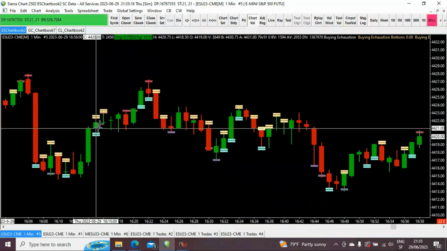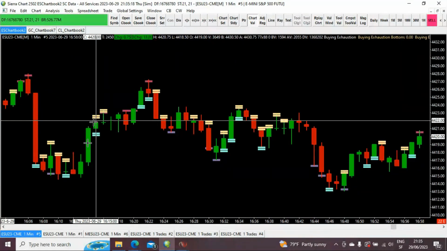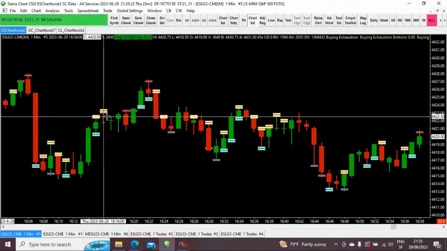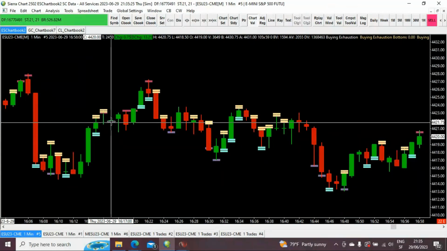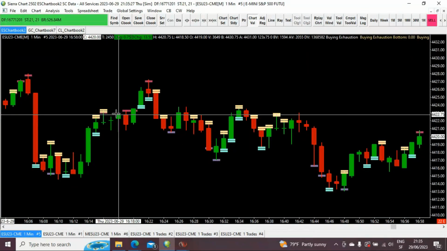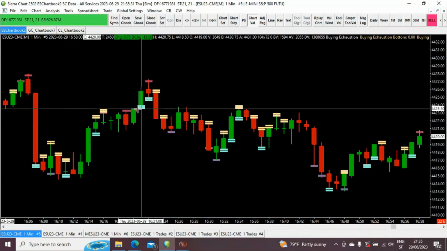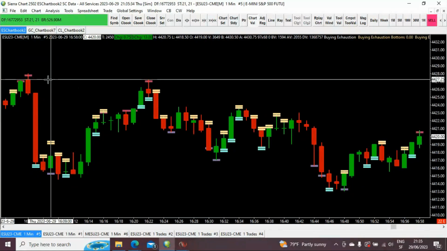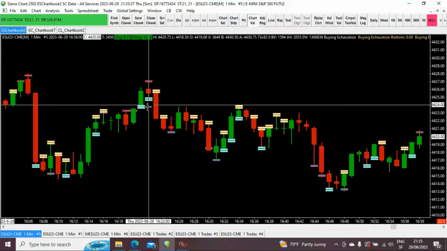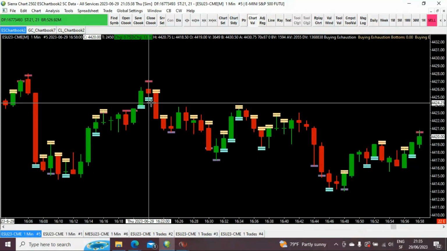A bit of to and fro and balancing here, where you see both selling and buying exhaustion at the same sort of level. So it took some time before the sellers managed to break through that level and move up. Now, obviously, sellers were still trying to push down to probably protect this level up here, but they were exhausting each time.